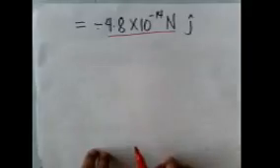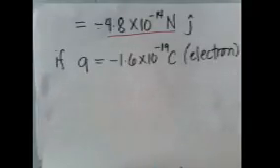So if we use not a proton but an electron, we have negative 1.6 times 10 to the negative 19 coulomb. The magnitude of our magnetic force is the same since they have the same magnitude of charge, but the direction is opposite to that of the proton.